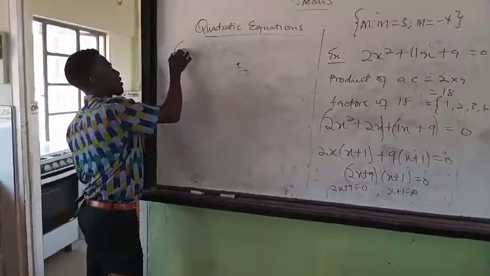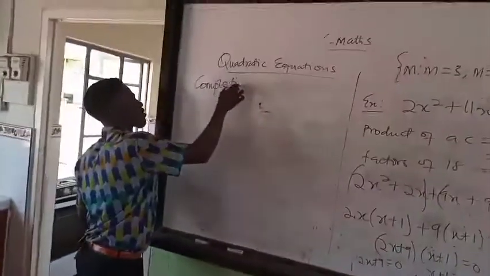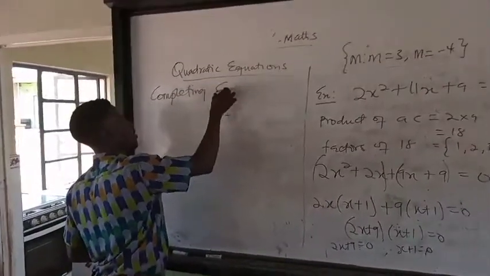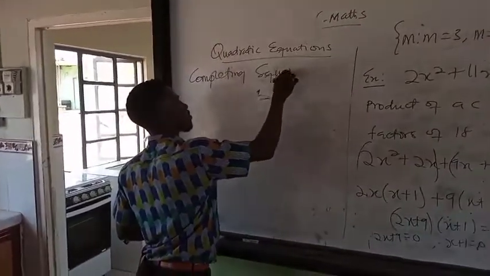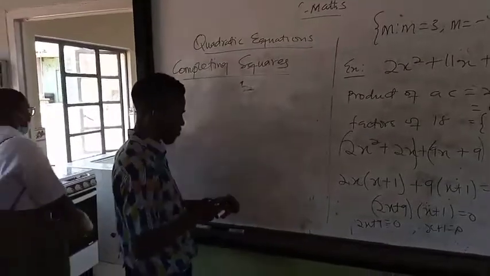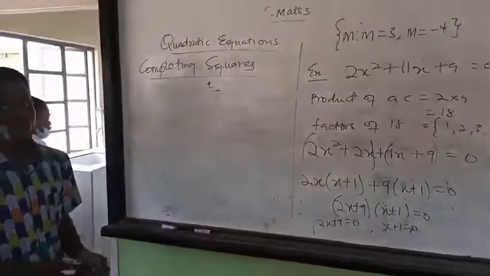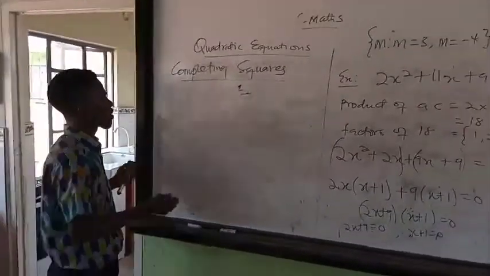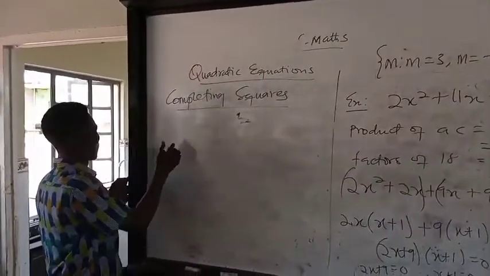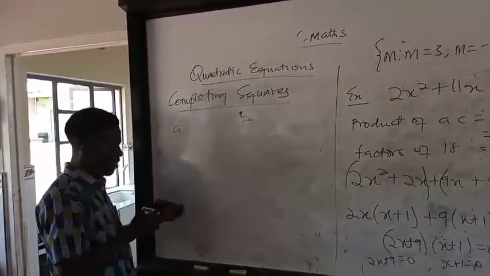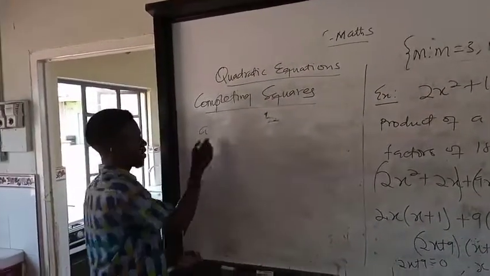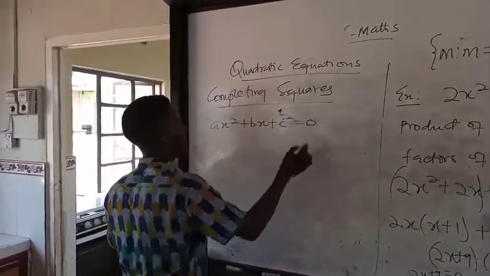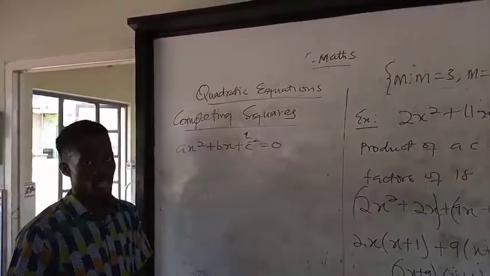Now let's go to the next one. Now to use the method of completing the square, this method is very simple. Given any quadratic, ax squared plus bx plus c is equal to 0.